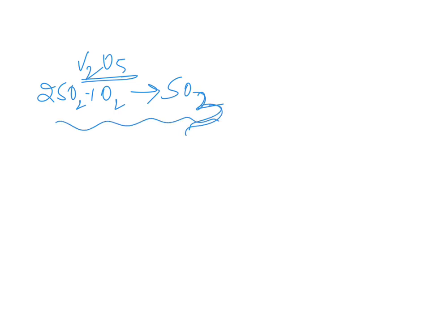This is a step in the contact process of formation of sulfuric acid that we will see later. So such compounds are catalytically oxidized. So this is a catalytic oxidation. Now oxygen is finished.